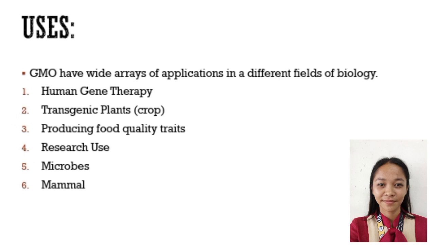GMOs have a wide array of applications in different fields of biology. GMO purposes help farmers prevent crop loss and control weeds. First, we have human gene therapy. Second, transgenic plants or crops. Number three, producing food quality traits. Number four, research use. Number five, microbes. Number six, mammals.